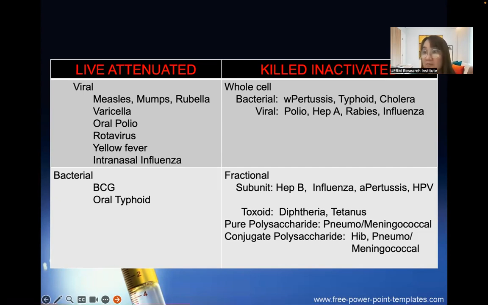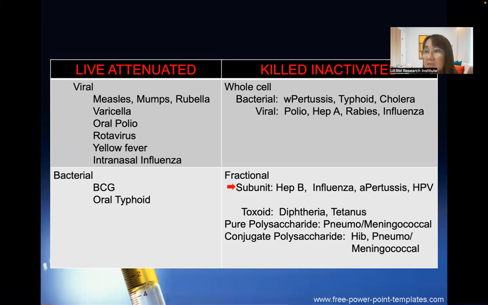For killed inactivated, we have whole cell or part of the cell. Under the whole cell, the killed bacterial vaccines are whole cell pertussis, typhoid, and cholera. And the killed viral vaccines are inactivated polio, hepatitis A, rabies, and influenza.